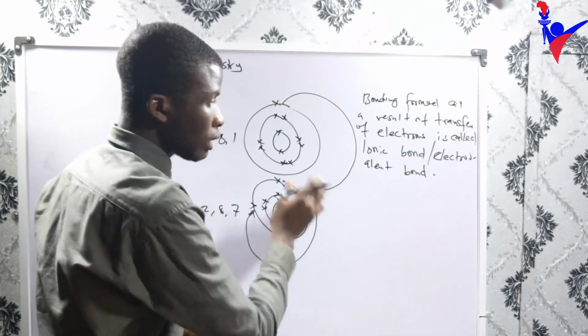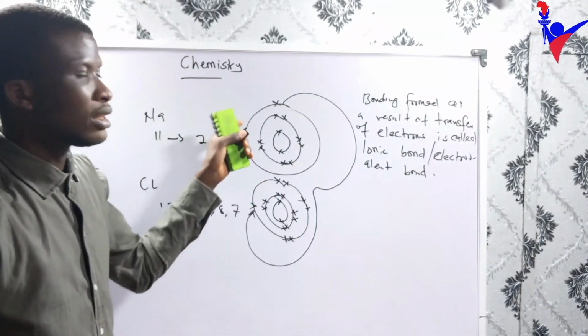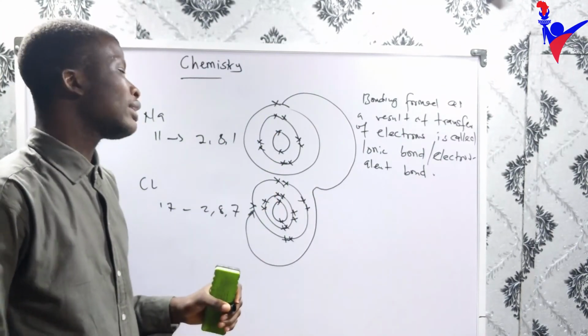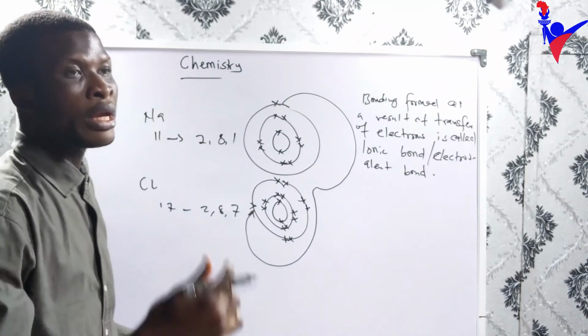You can call it an ionic bond because electrons are transferred from the electropositive atom to the electronegative atom, and the compound formed is called an ionic compound.